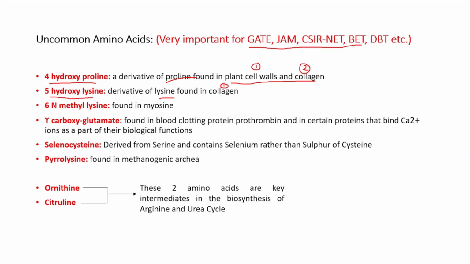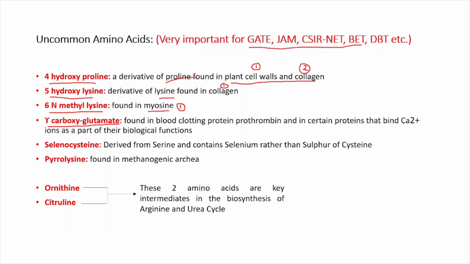Next we have N6-methyl lysine. As you can get from the name, it is a derivative of lysine, and it is found in the muscle protein myosin. Then we have another amino acid called gamma carboxyglutamate.